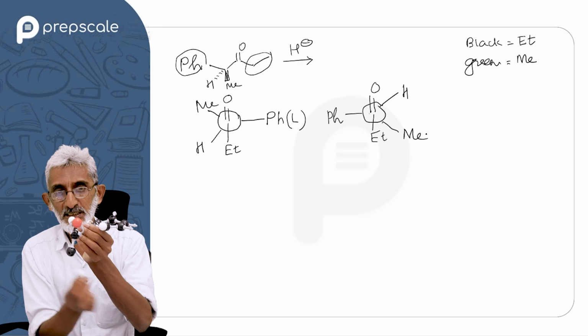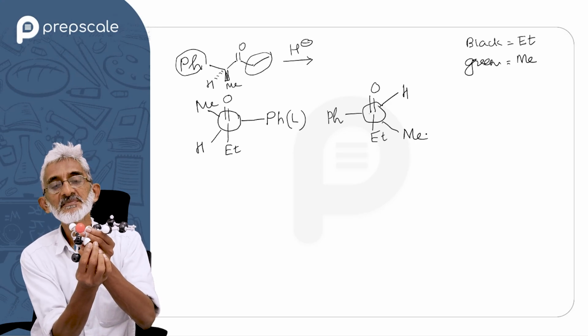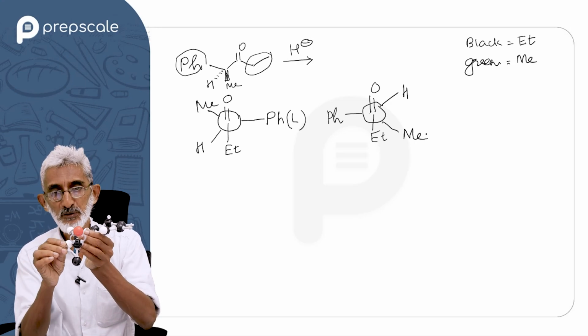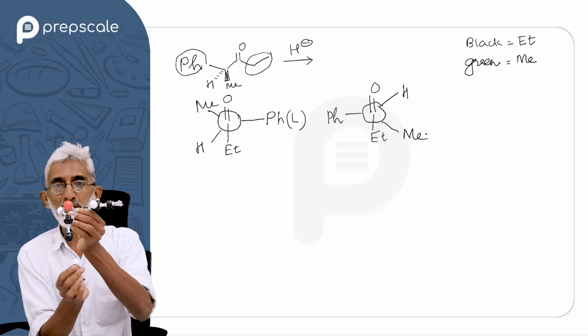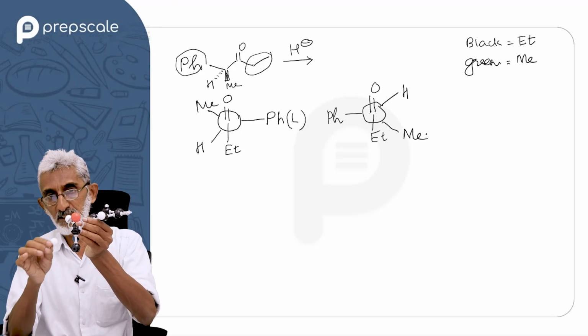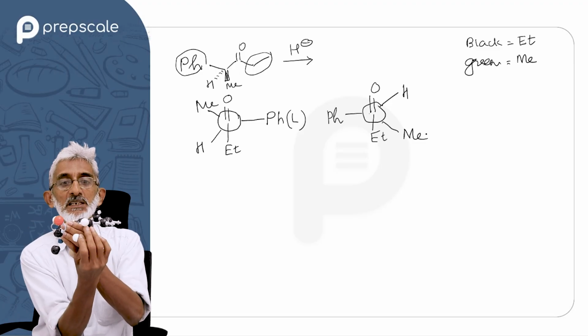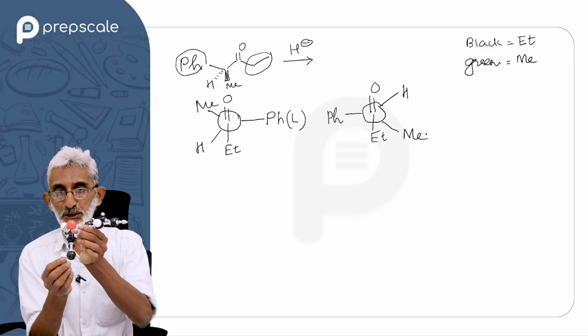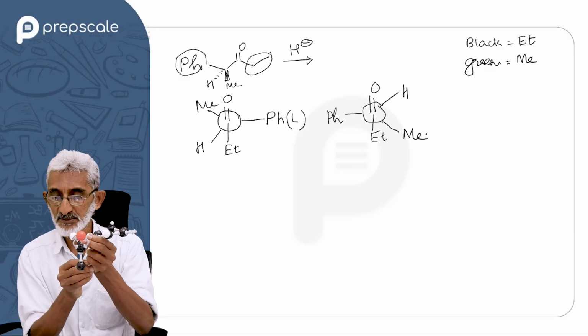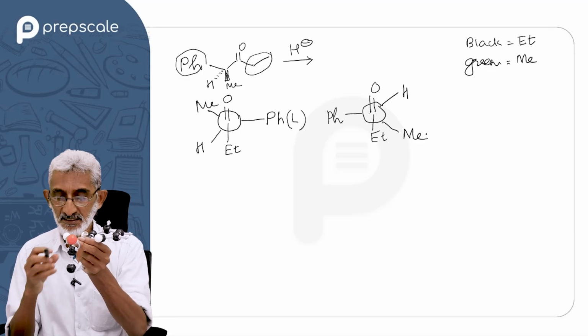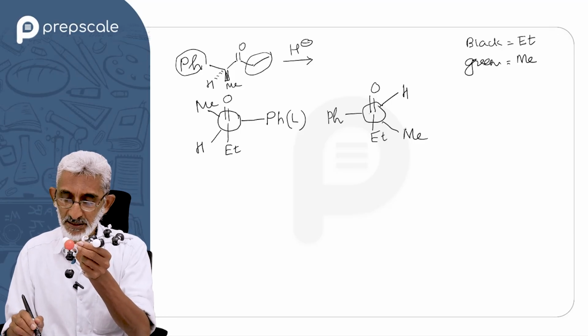So it can be on this side or this side. From here or from here. Of course, in this conformation, it will attack only from this side. In this conformation, because on this side you have the largest phenyl ring. So, I have this conformation which I have drawn here. This is the second one. Okay.